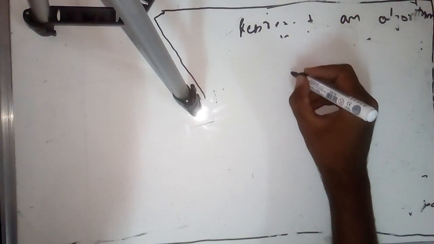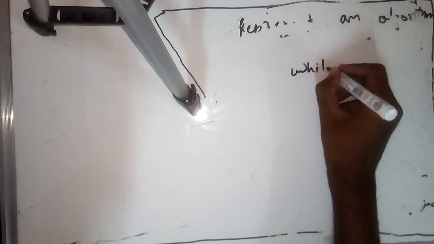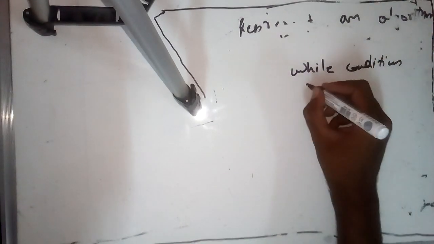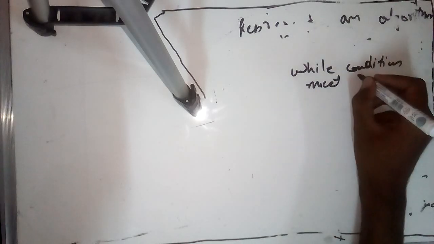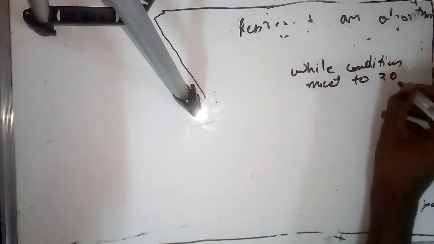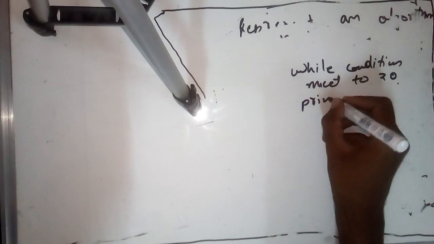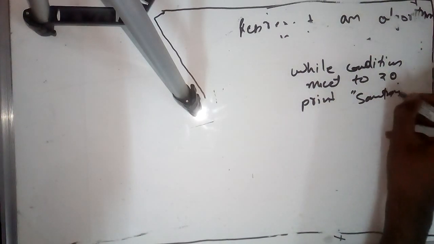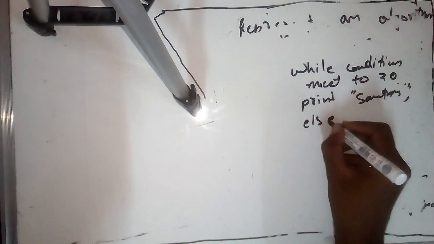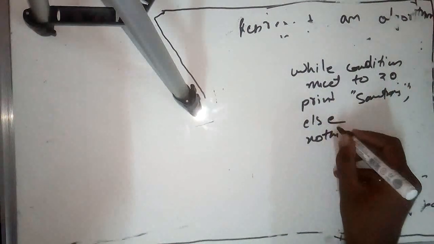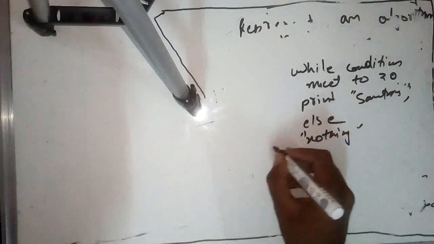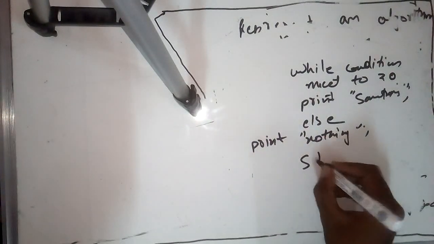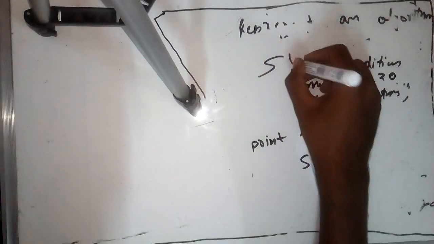For example: while condition meets 20, print something, else print nothing, start from here.